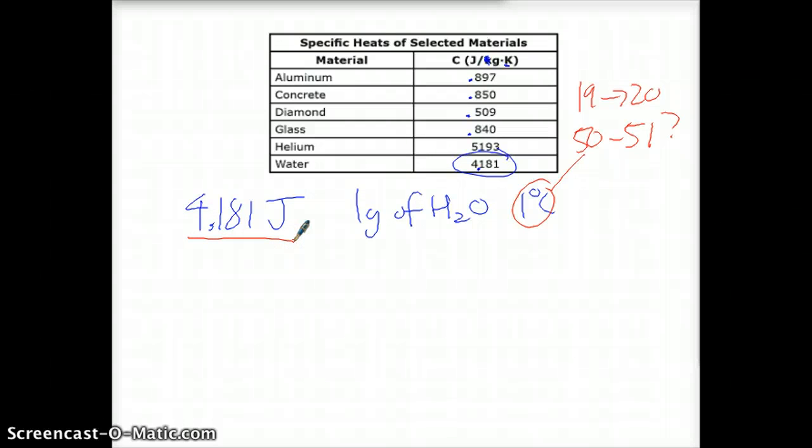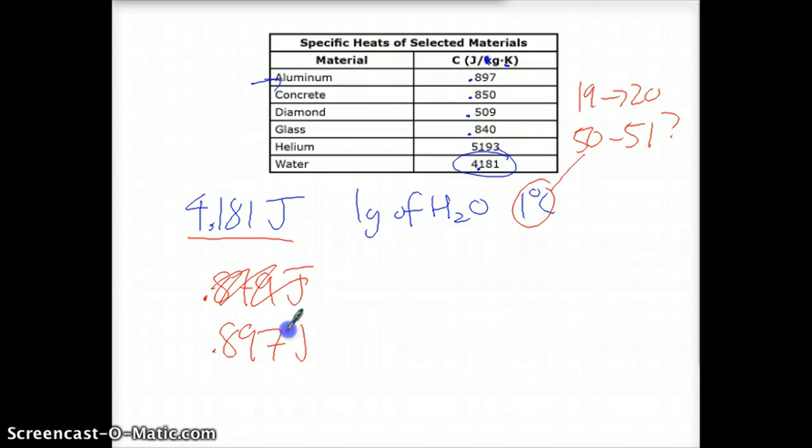On the other hand, let's say we had a pot made out of aluminum. That's a pretty common metal. The specific heat there is only 0.897. It only takes 0.897 joules, less than 1 joule, to heat up 1 gram of aluminum by 1 degree Celsius.